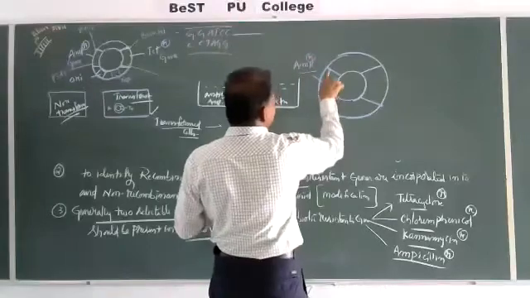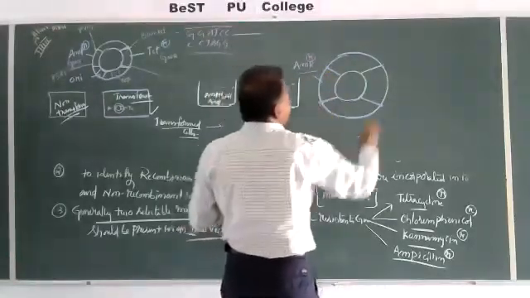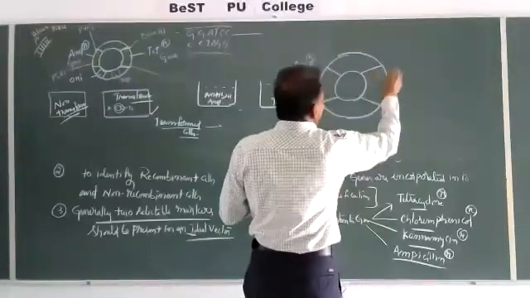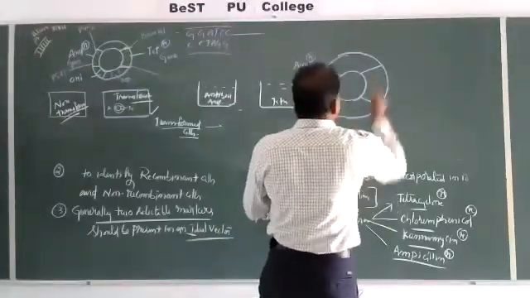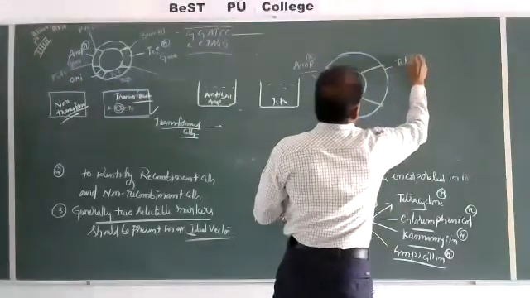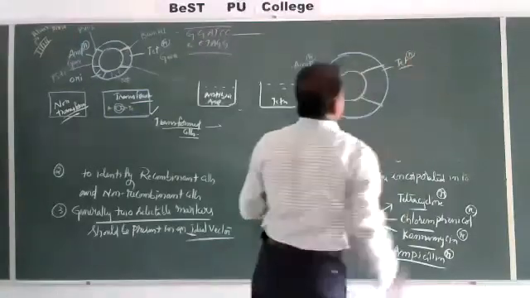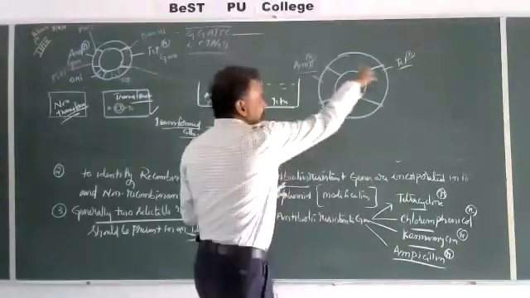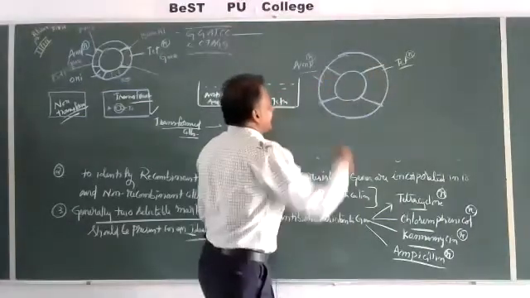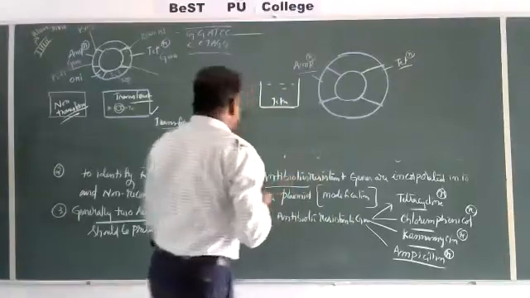This gene has some sequences which act against the antibiotic ampicillin. This is the tetracycline resistant gene. Now, in the tetracycline resistant gene and here the ampicillin resistant gene, there are some sites.